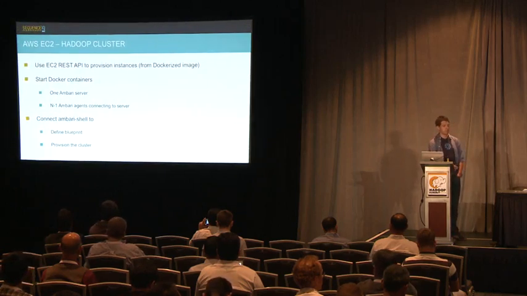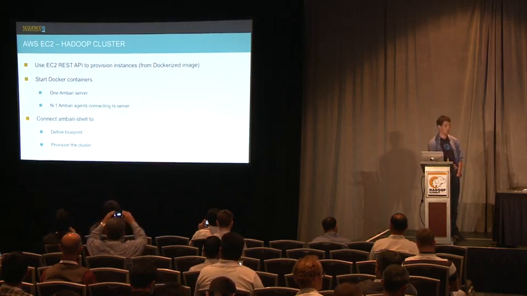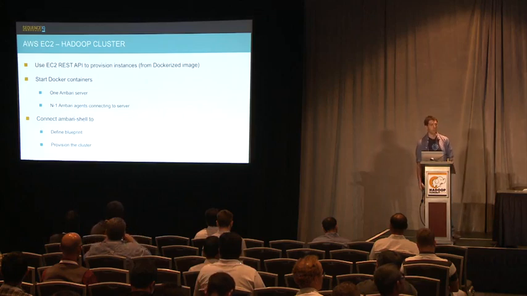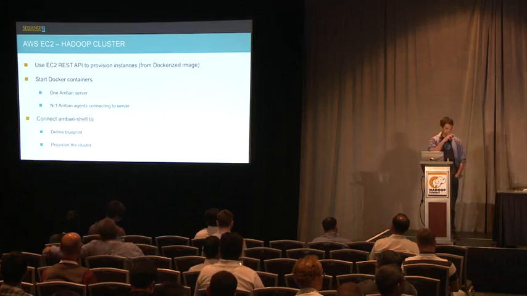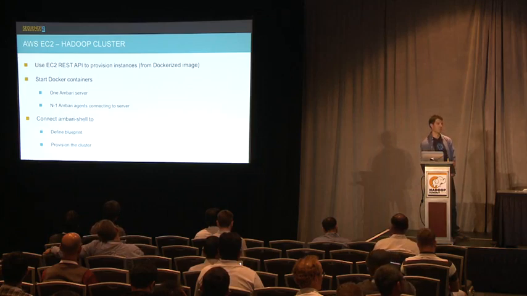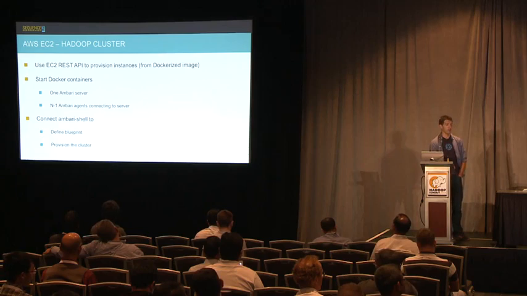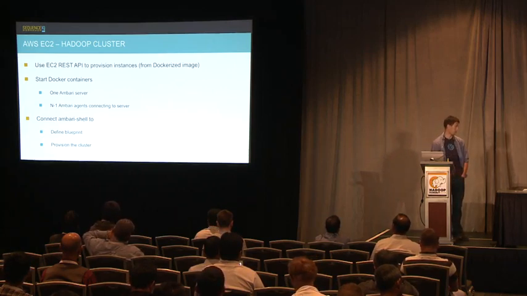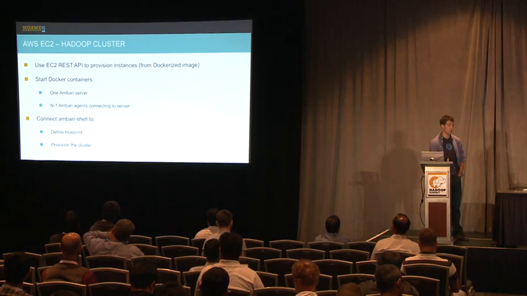So let's see an example of how we provision Hadoop on EC2 within Docker containers. First of all, you use the REST API of EC2 to provision those instances, which pull the Docker container. You start one container first, which is going to be, say, the Ambari server, and the rest of the containers are going to run the Ambari agent.